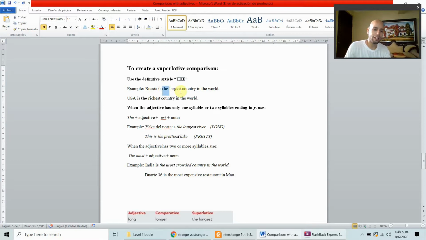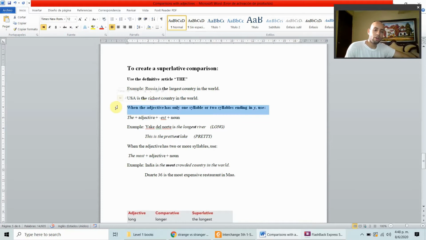So we write the definite article the before the superlative. USA is the richest country in the world. The, again, the before the superlative.